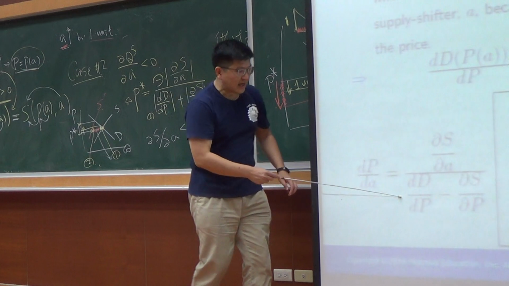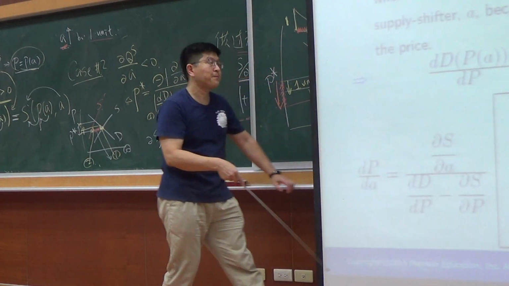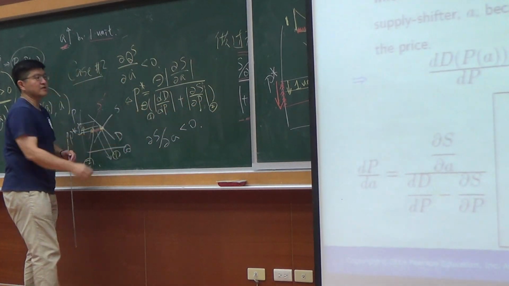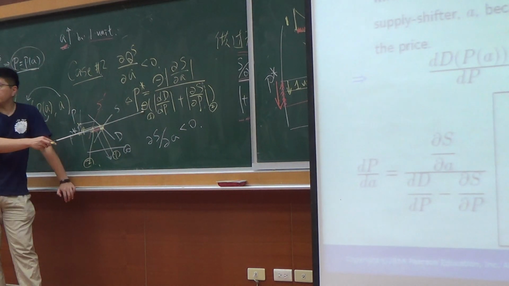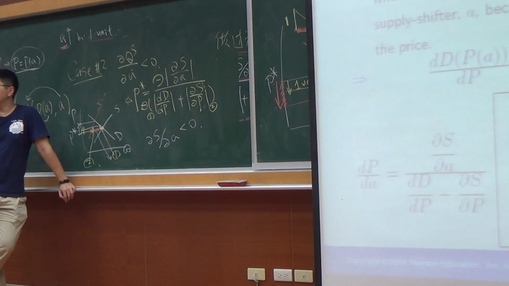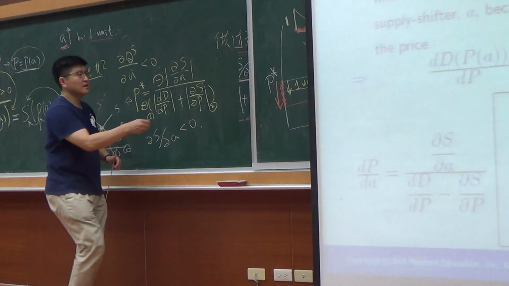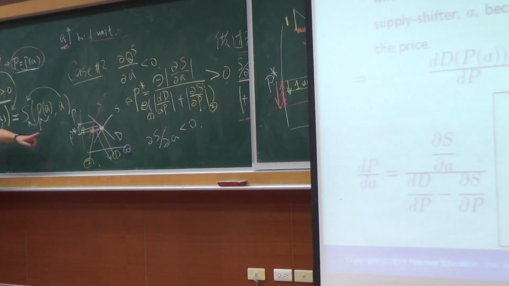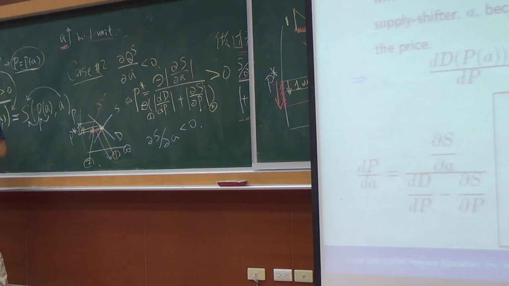And as usual, this is negative minus positive, so it's a negative. So we need to give them another negative sign here. Okay? And these two negative signs cancel each other. So the whole term will be positive, indicating the price change should be positive. The price should go up so that the gap can be erased.